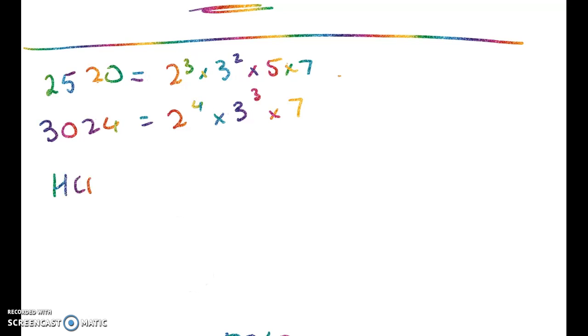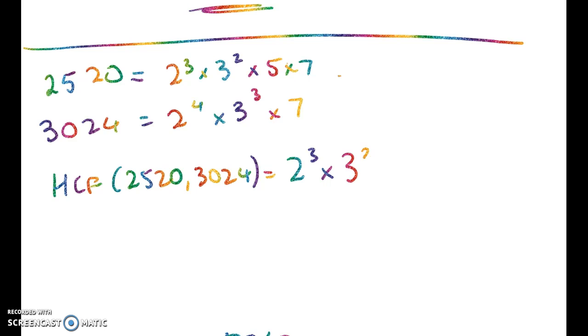So the highest common factor of those two numbers will be 2 cubed times 3 squared times 7. Right, so I'm doing my line up by each factor in turn. That gives me 8 times 9 times 7.